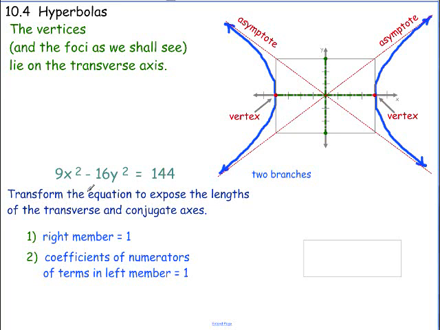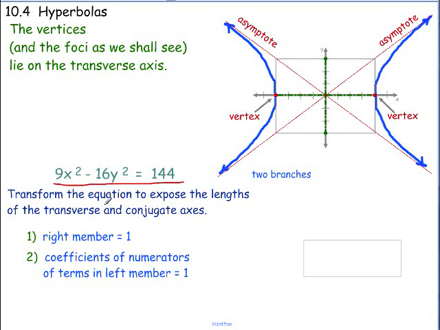We want to transform this equation, what we're looking at right here, to expose the lengths of the transverse and conjugate axes. What we're going to do with this is we want the right member, or the right side, to equal 1. And we want the coefficients of the numerators, all the terms in the left member, to also equal 1.